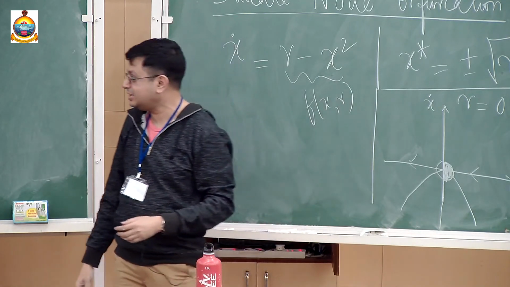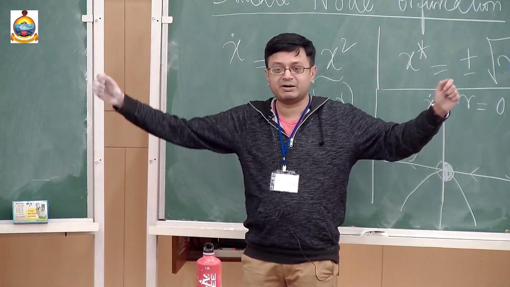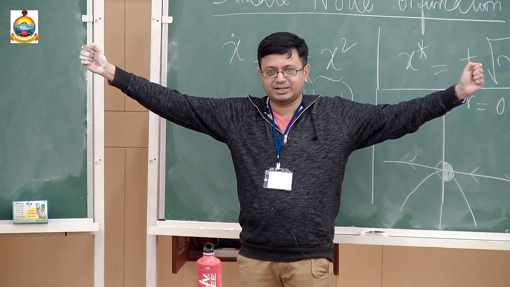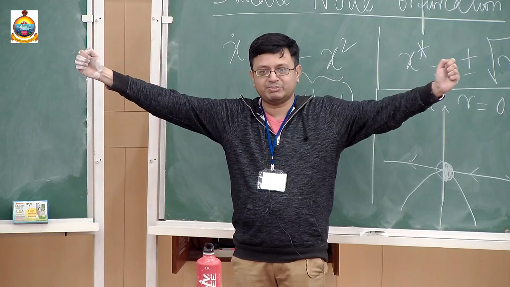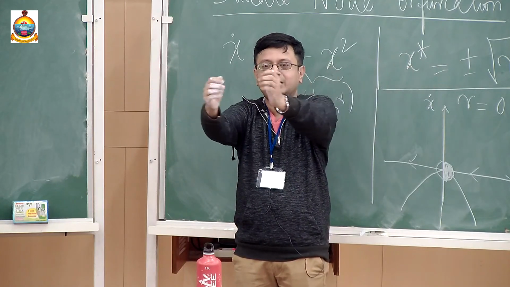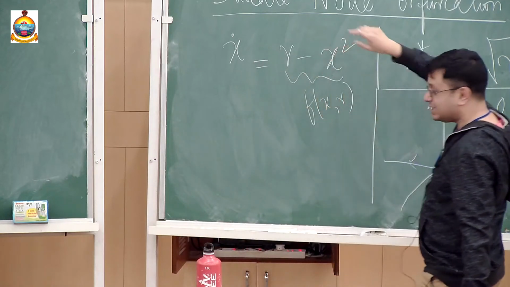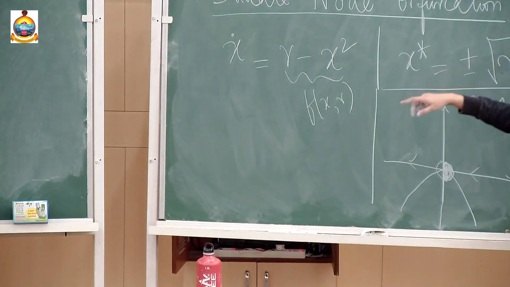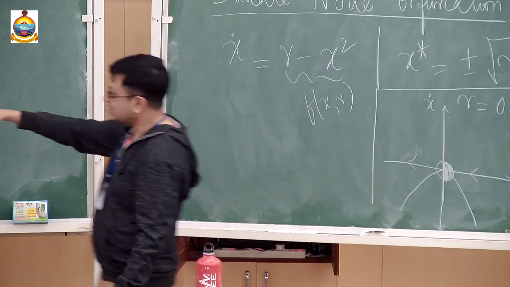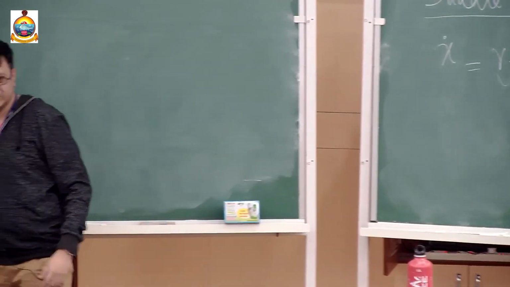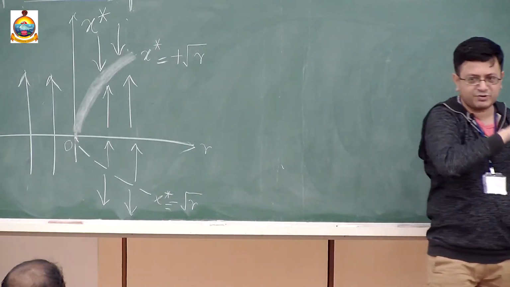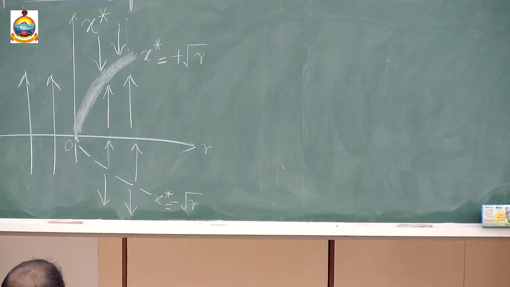Okay, this is one possibility. The other possibility is they become friends. So there are two stable fixed points and they come together, and you have one stable fixed point that remains. Okay. So this saddle node bifurcation is the only bifurcation where these fixed points get annihilated. But there may be a situation where they remain for all values, it's just that two become one.